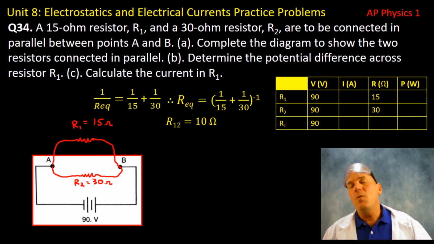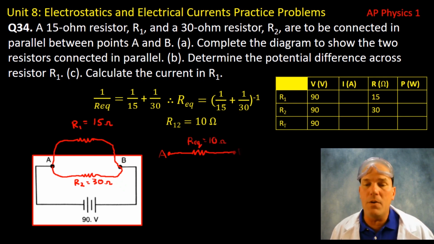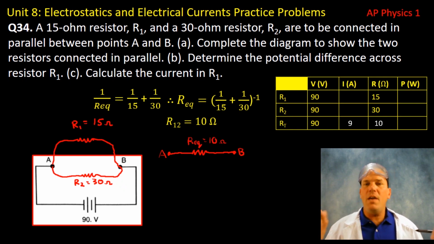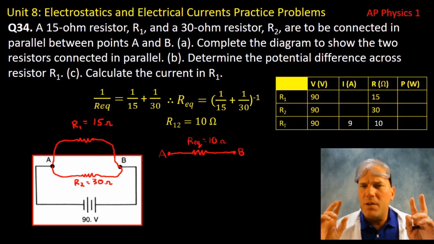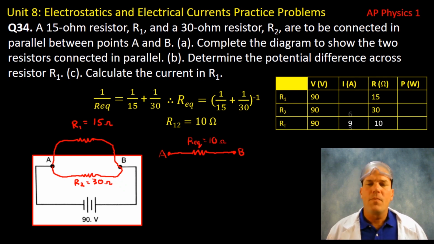So 1 over 15 plus 1 over 30, the inverse of that is 10 ohms. So now we can put 10 ohms into our VERP table. If needed, we can show that if we took both R1 and R2 out of the circuit and replaced it with one resistor, a 10 ohm resistor, that's the equivalent for these two in parallel, okay?